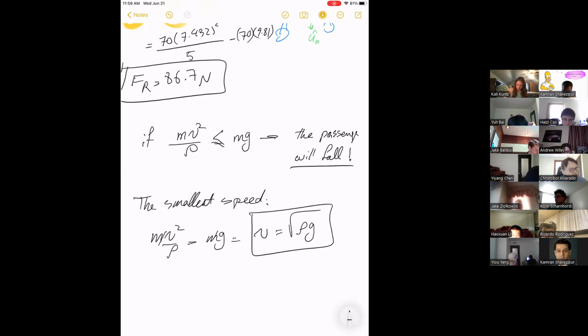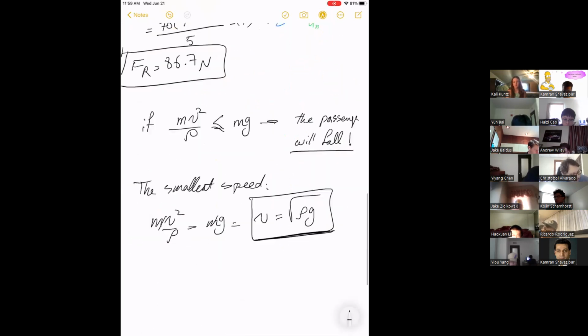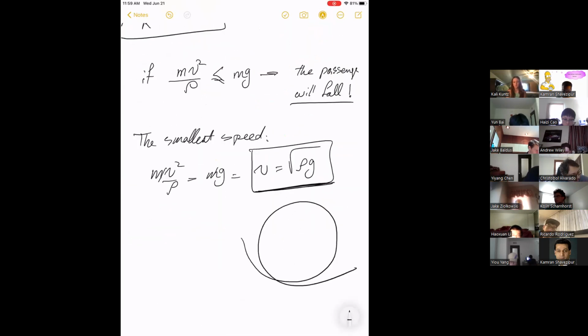If your velocity goes below this, you're going to fall. So the idea is anytime you have a full loop that goes like that, you have a speed v bigger than this guy, right?